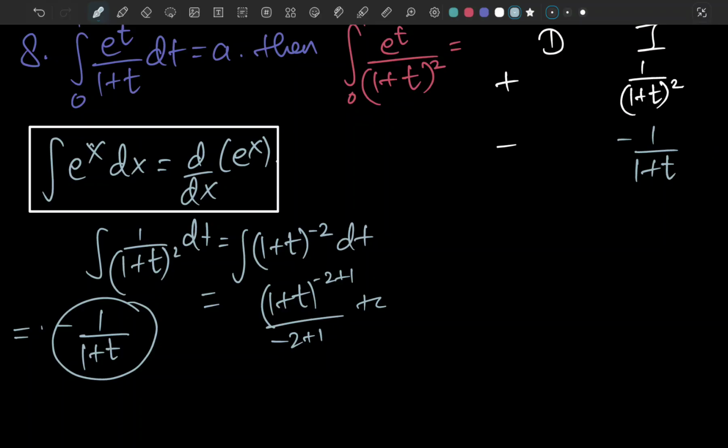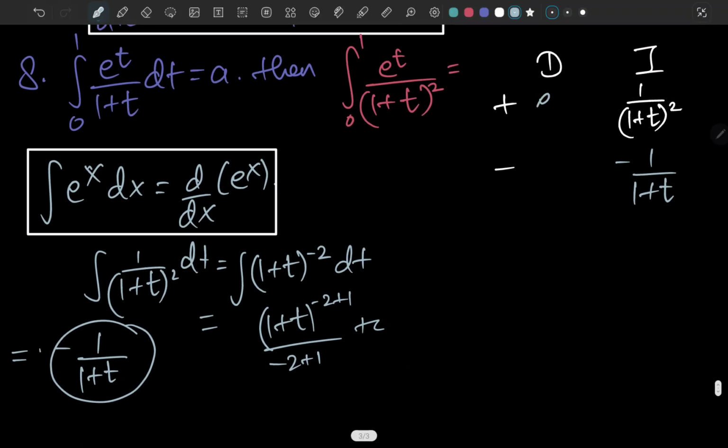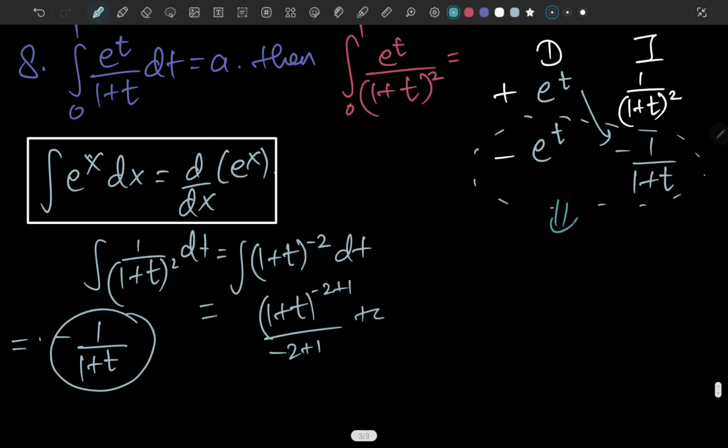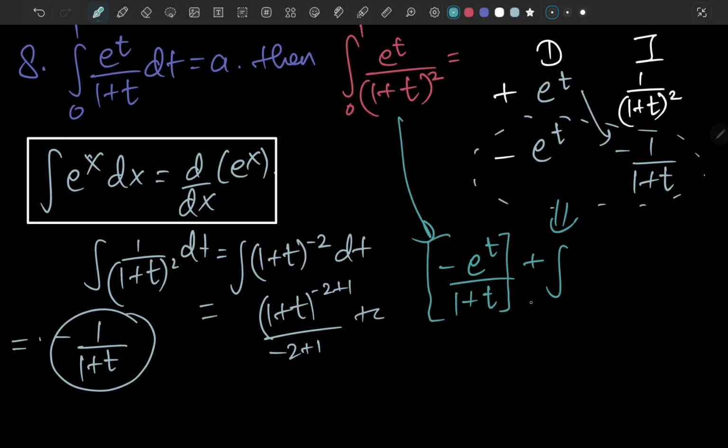And the derivative of e to the t is just e to the t. So this integral becomes negative e to the t over 1 plus t, plus the integral from 0 to 1 of e to the t over 1 plus t dt.